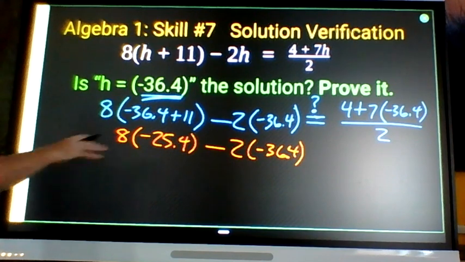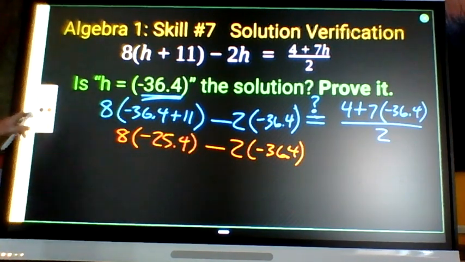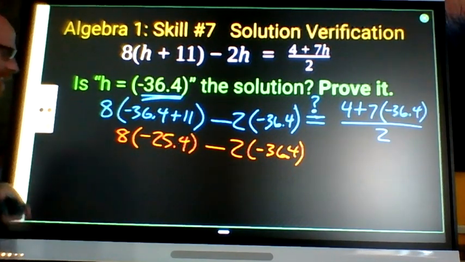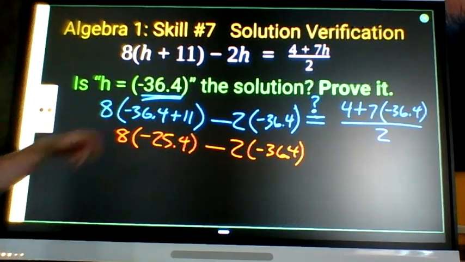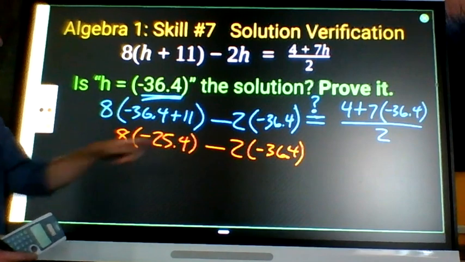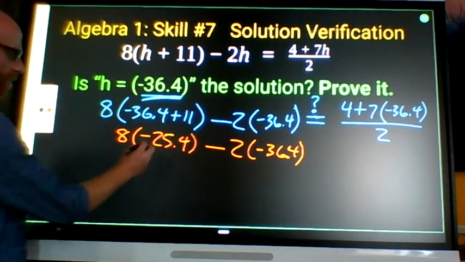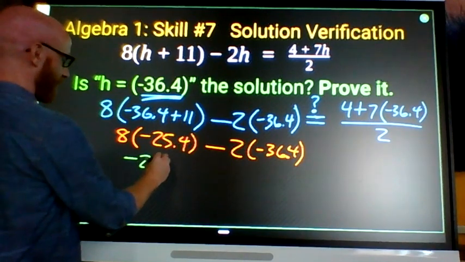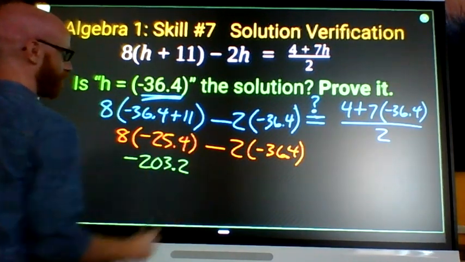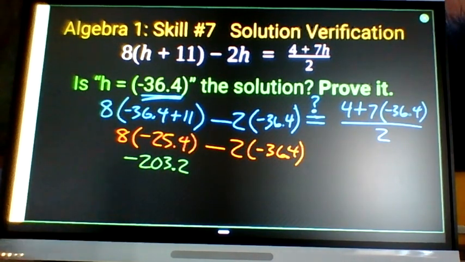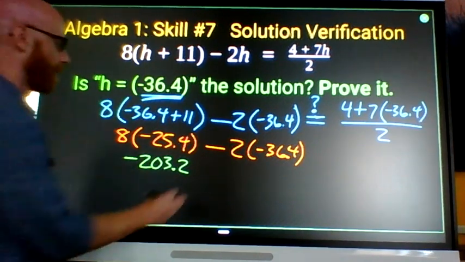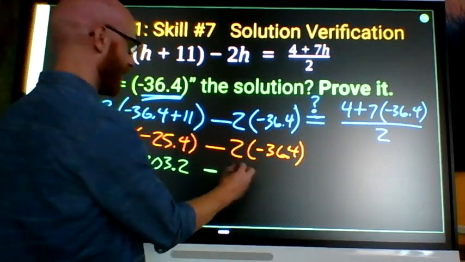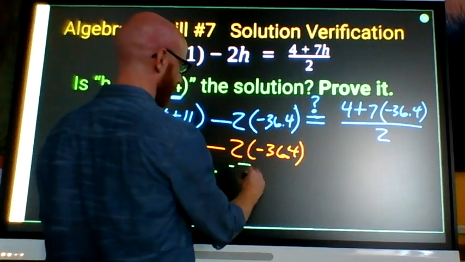I'm going to do both of my multiplication steps. So 8 times this, that's 8 quarters, which would be $2, so 200. And I also have to do 8 times 0.4, so we've got negative 203.2. Again, use a calculator if you need to. Minus 2 times this, that's going to be negative 72.8.